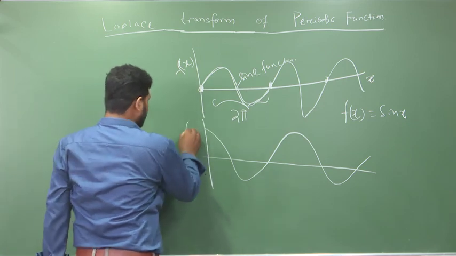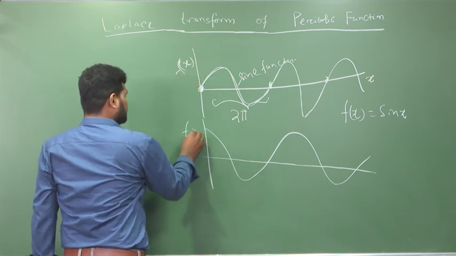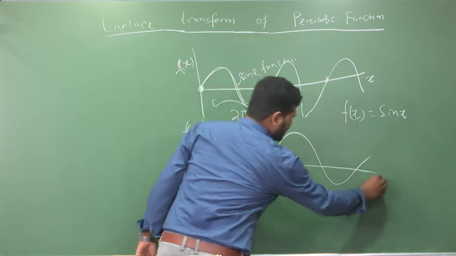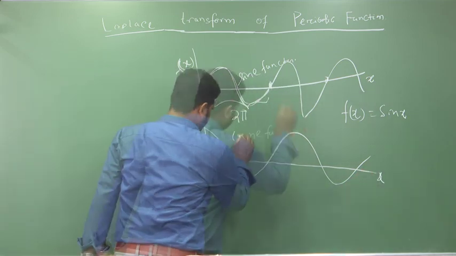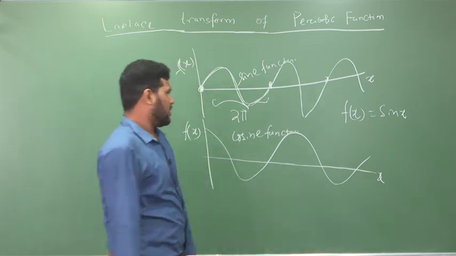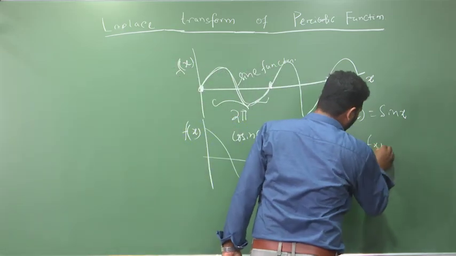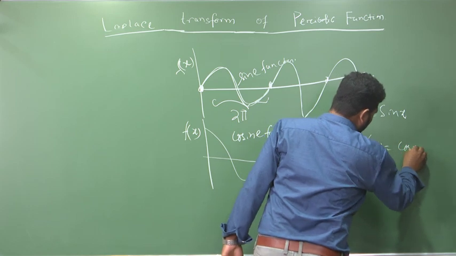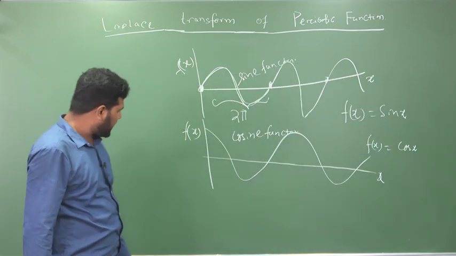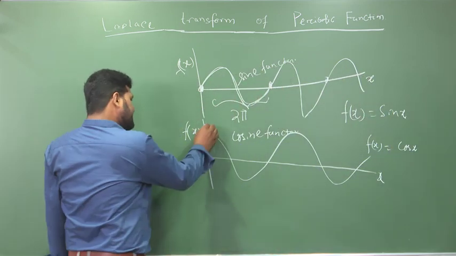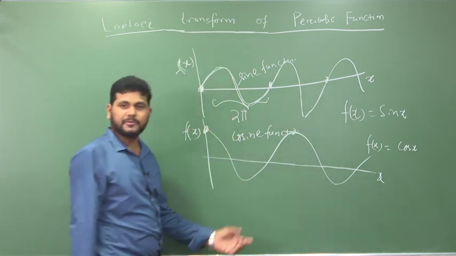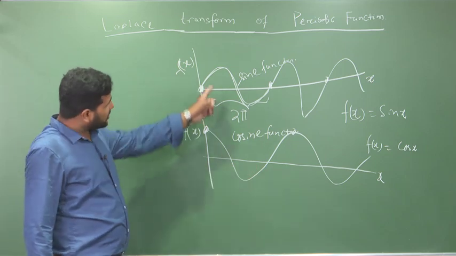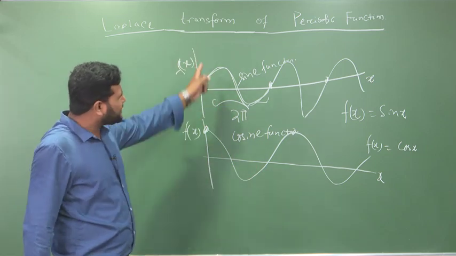Now you notice another function f of x, and this is the well-known cosine function. We write f of x equal to cos x. The same value is repeated here after a period of 2 pi, and you notice these two as if there are two ropes.